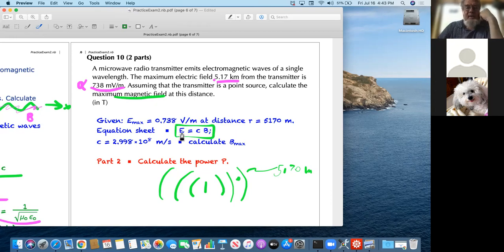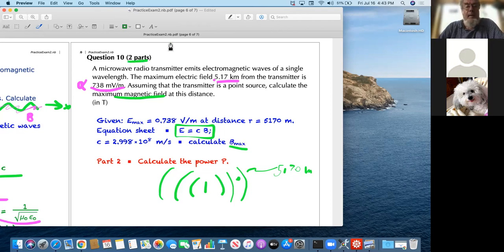So the maximum electric field would be c times the maximum magnetic field. So E max is given, c you know, so you can immediately calculate B max. You just have to plug the numbers into your calculator. So you can do that in probably 30 seconds. But that's only part one.